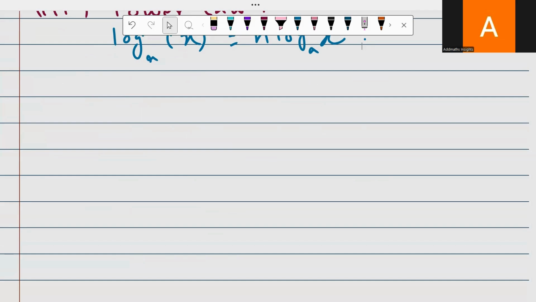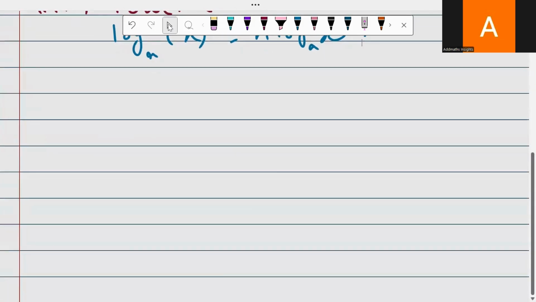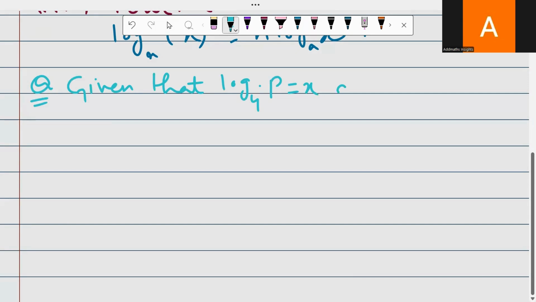For example, if the question is: given that log 4 p is x and log 4 q is y, express in terms of x and or y.